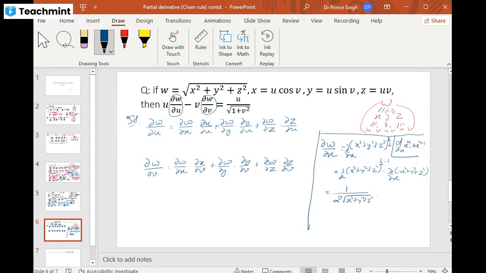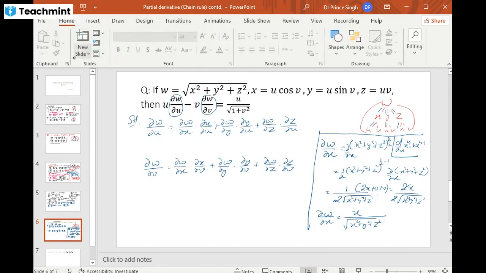And if we differentiate with respect to x, again using the power rule, y and z are treated as constants. So the derivative of x² is 2x, but the derivative of y and z is 0. Its value comes out to be 2x upon 2 times the square root of x² + y² + z². So 2 and 2 get cancelled out. From here we get ∂w/∂x as x upon the square root of x² + y² + z².